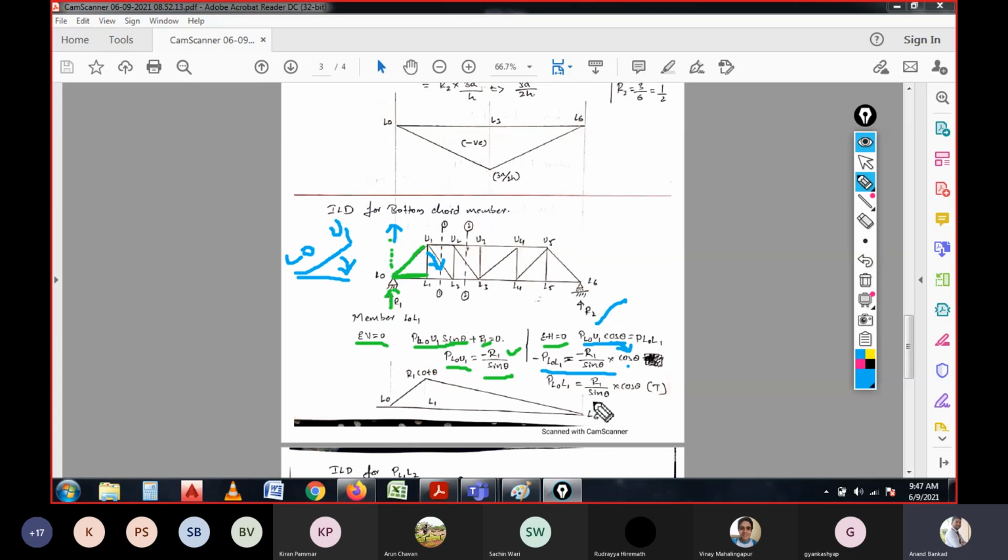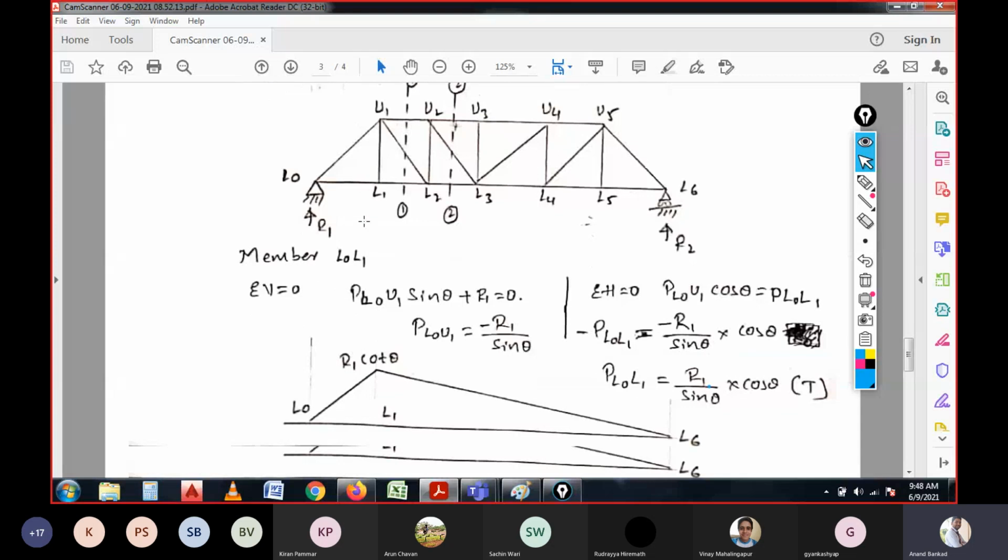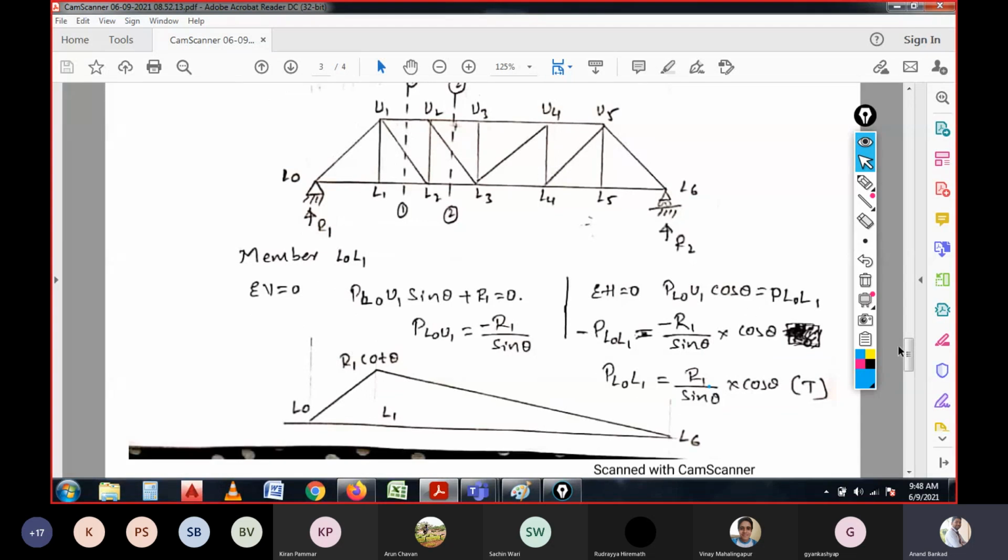And then this will be considered, since it is the left section, minus sign, and this minus sign and that minus sign will get cancelled, and the total will be a positive sign, which is a tension member. That means at the bottom chord we will be having tension, and at the top chords we will be having compression. This is what the calculation is done for L0 L1.